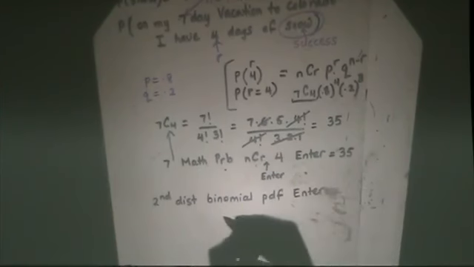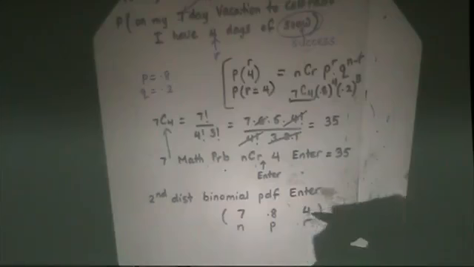And then it gives you a bracket and it's waiting for the arguments. You're going to put in N and P and R. N is the number of trials, which would be 7. P would be 0.8 because that was my probability of snow. And R would be 4 because I want 4 days of snow. And you need commas in the middle. So 7, comma, 0.8, comma, 4.